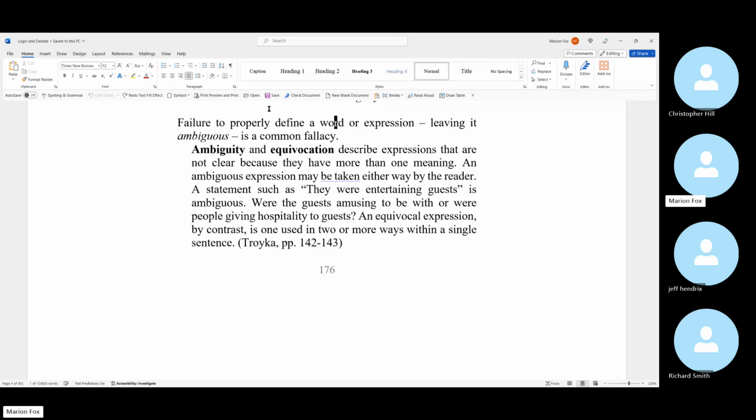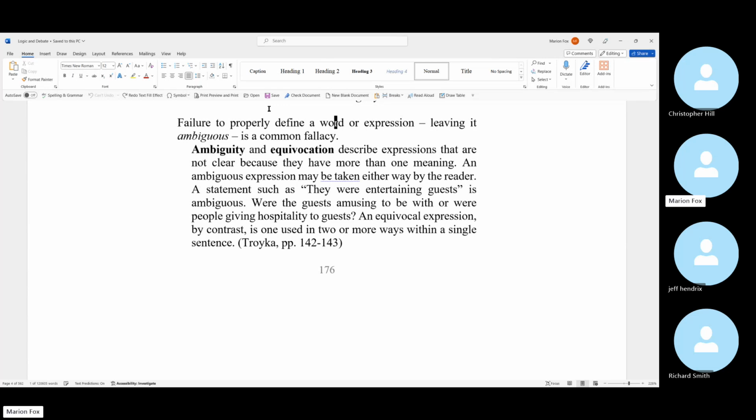So let's look at it. Ambiguity and equivocation describe expressions that are not clear because there's more than one meaning. In this case, the Greek word has a single meaning, but in English it gets two meanings. That's blasphemao, and lust and epithumao, the strong desire or lust. So sometimes a word is very clear in English, whereas in Greek it's not clear.